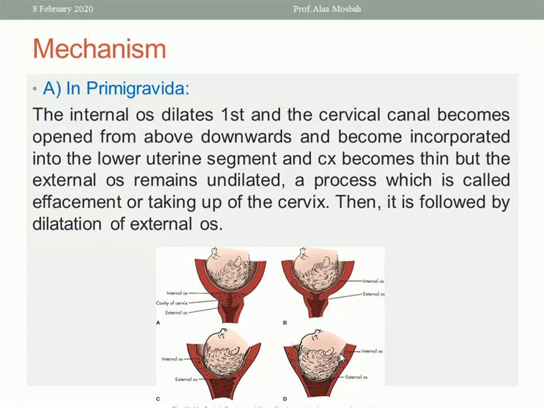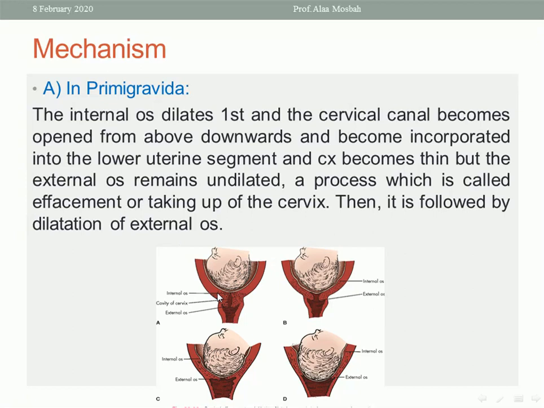The mechanism: the internal os dilates first in primigravida, and the cervical canal becomes opened from above downward and incorporated into the lower uterine segment, and the cervix becomes thin, but the external os remains undilated, a process which is called effacement or taking up of the cervix. Then it is followed by dilatation of the external os.